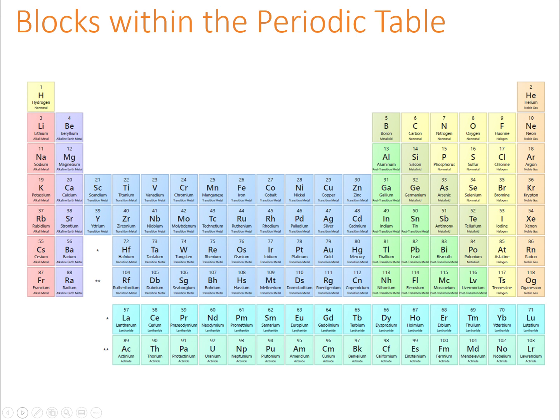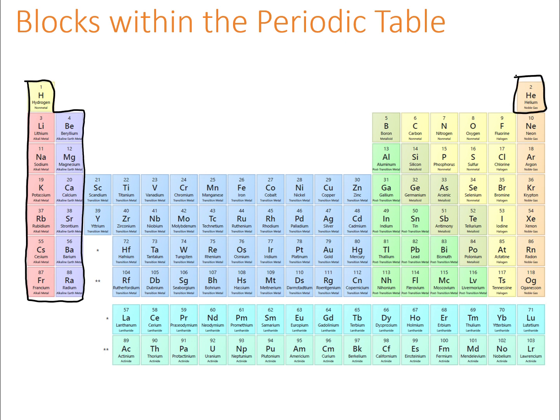We can break up the periodic table into different blocks. I'm going to use different colors here. In black, we have what's called the S block. All of the elements in the S block are filling an S orbital.